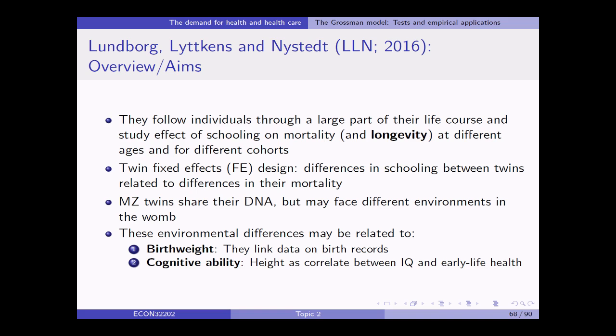But because this is brilliant data, they could observe how long the child was and how long the twin was when they were born. Identical twins have the same DNA, but they could have different birth weights and heights, and this data set can isolate that because it collects information on both.